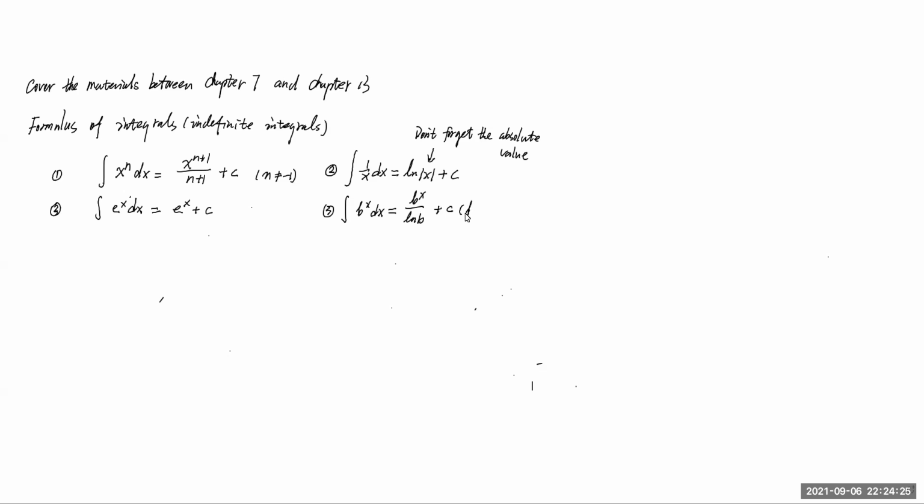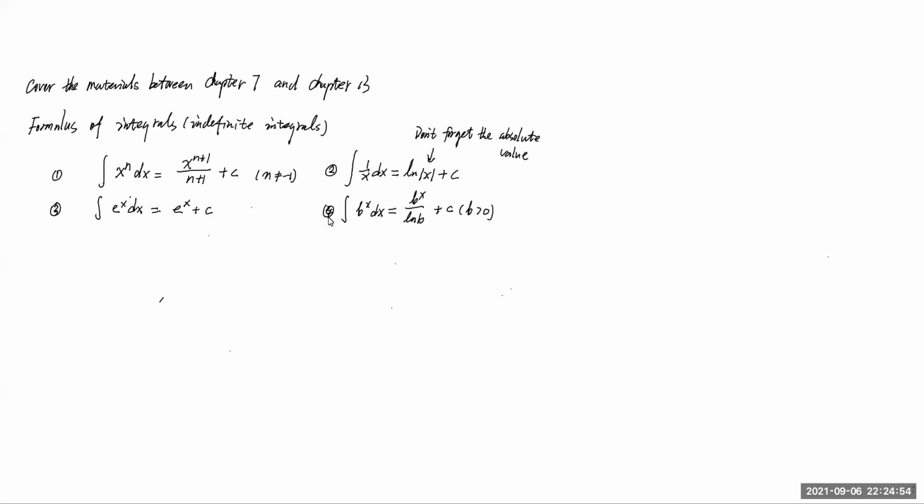Of course, b is greater than 0. You can say 3 is a special case of 4, right? When b equals e, 4 is 3. Okay, that's what I want to say.